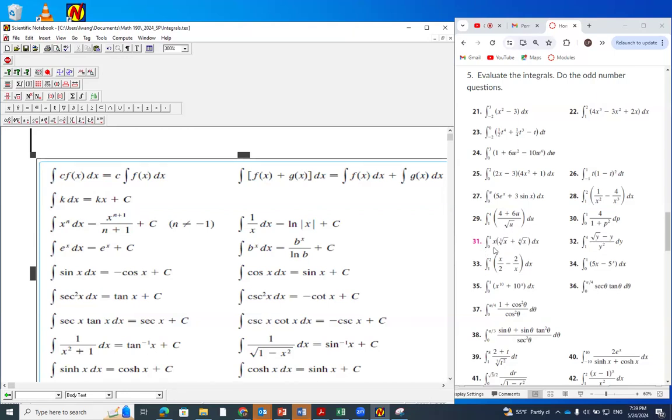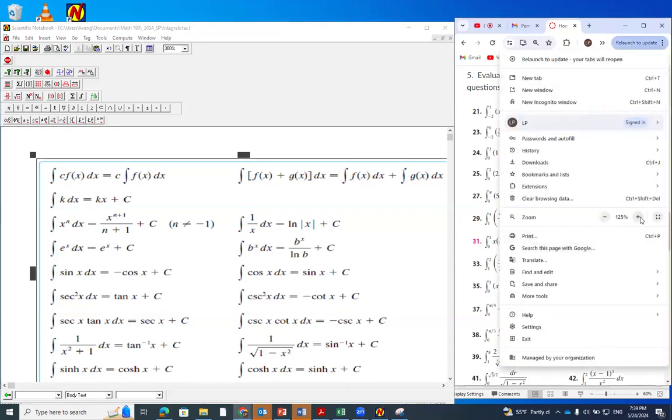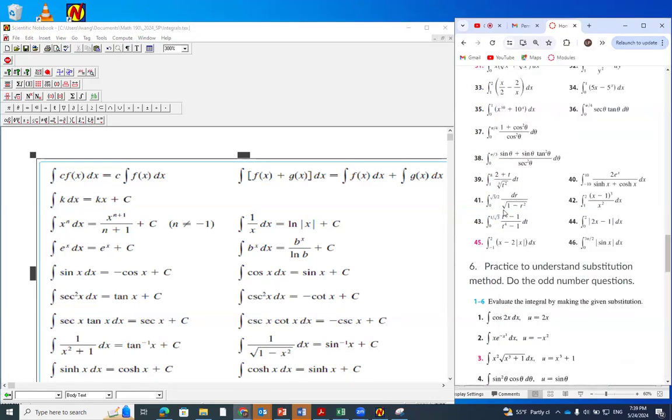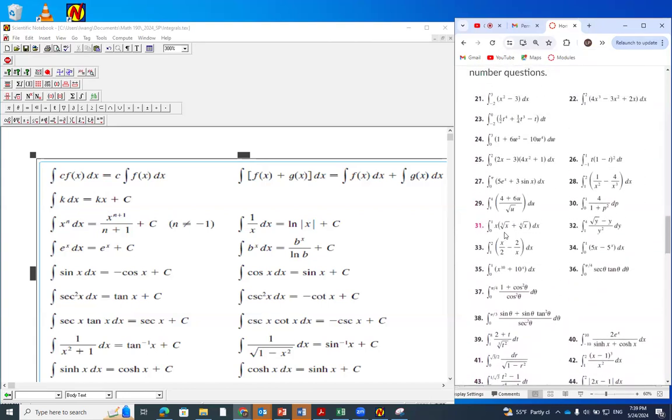Take the example of 31, which I imagine there might be some difficulties handling these power rule where there's a fraction as the power, right? So I'm going to start with that one.